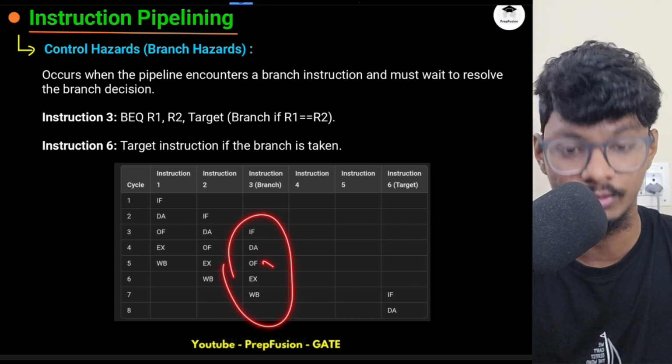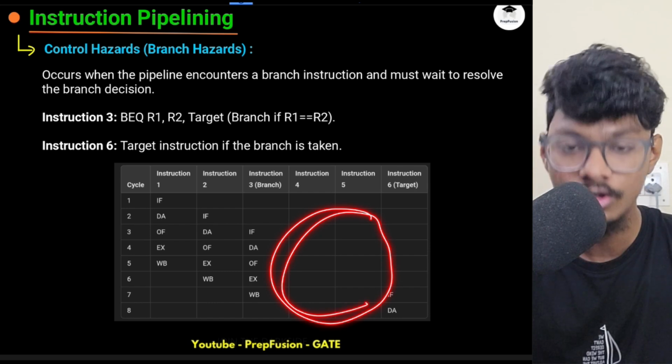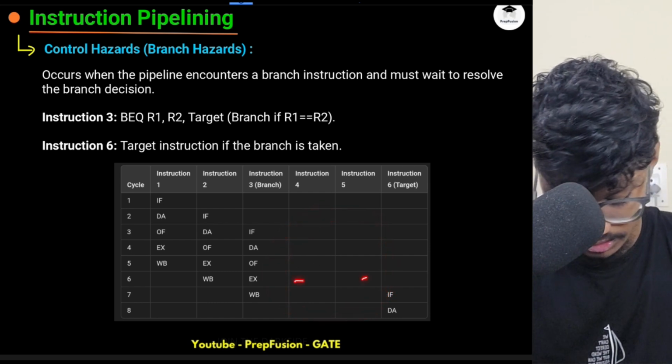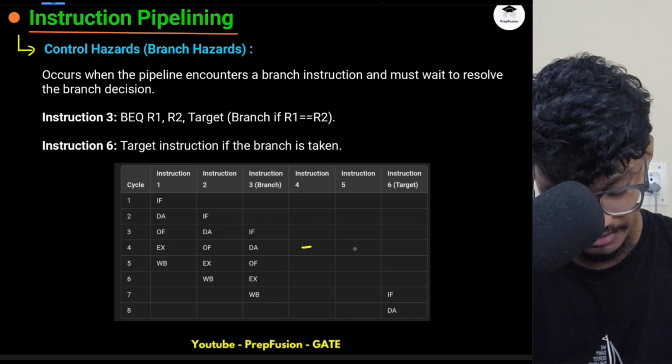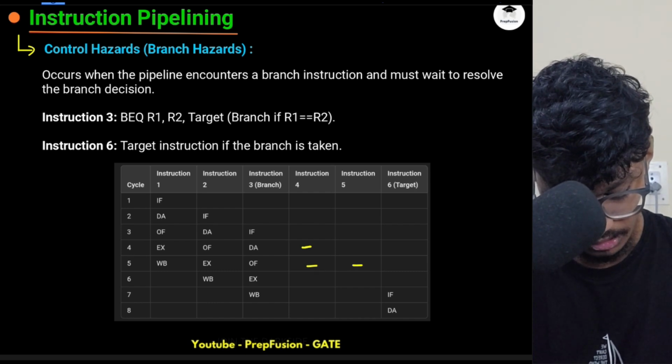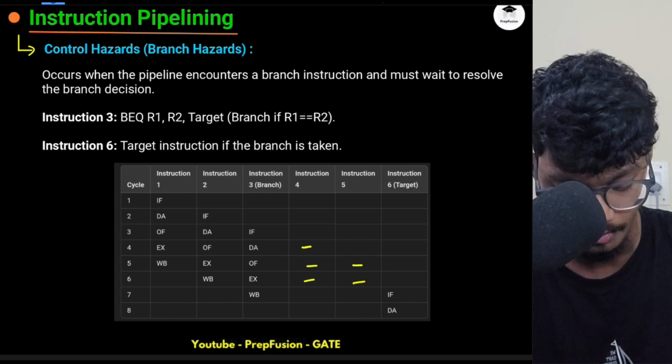After instruction I3, I was supposed to fetch instruction I6. That's why I have to wait for these two instructions. I don't do anything in this whole operation; I will not fetch here, nor here. All these cycles will simply be no operation.